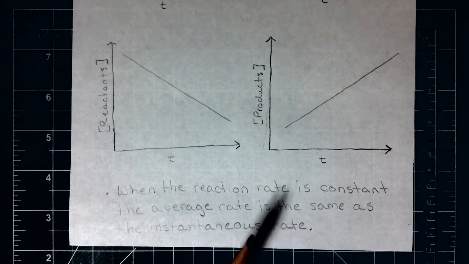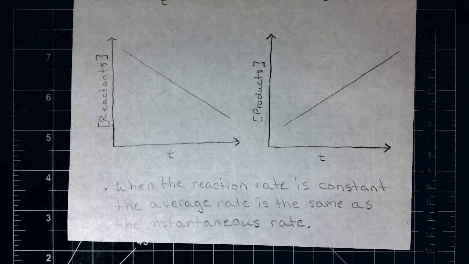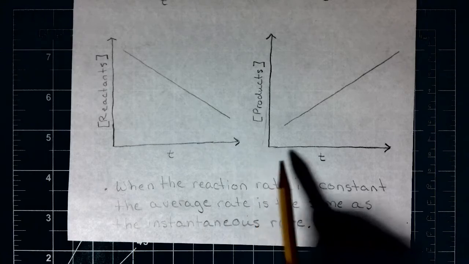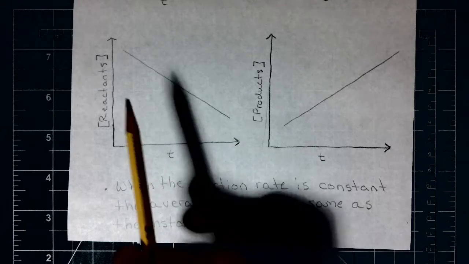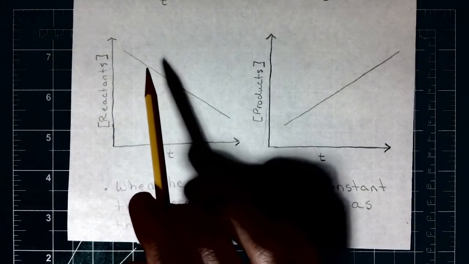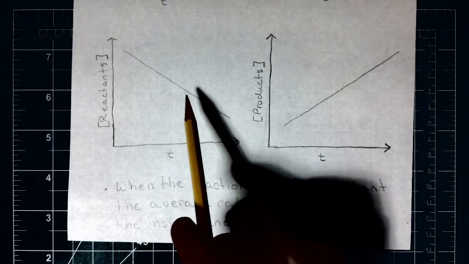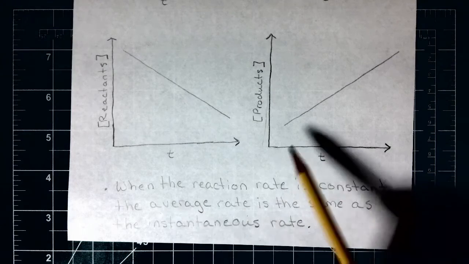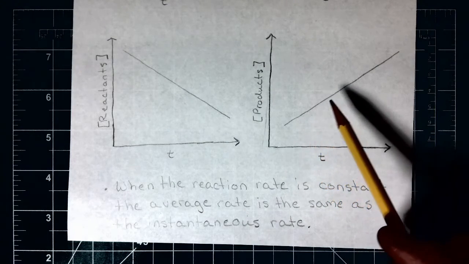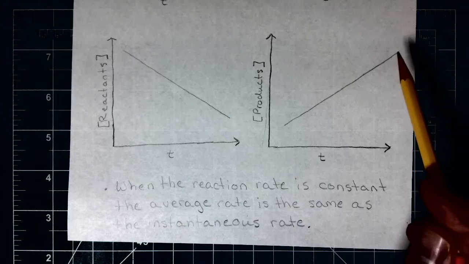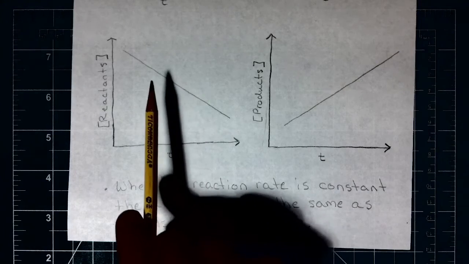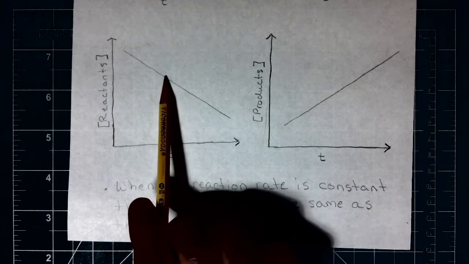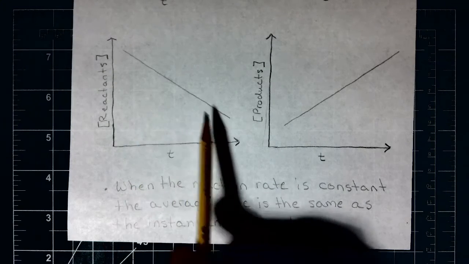To help you with some of your homework problems, I want to show you a special example of this, where we actually have a constant rate. The reactants are always being consumed at the same rate throughout the reaction, and the products are being formed at the same rate throughout the reaction. In this special example, the tangent line is always going to be the same, and it's going to be the same as the rate because it's constant throughout, right?